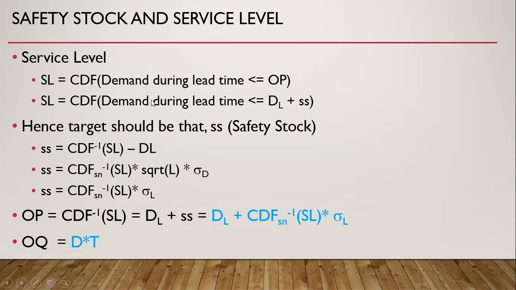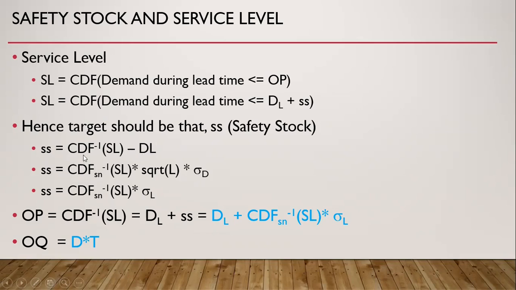So if actual demand is less than the order point, it is a service level. If it is more than the order point, then we are short of inventory. Hence, the target should be that safety stock should be equal to the inverse of cumulative density function at a particular service level, usually 95% service level, minus demand during lead time or D multiplied by L.